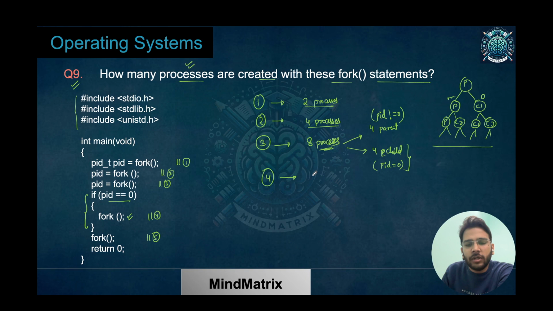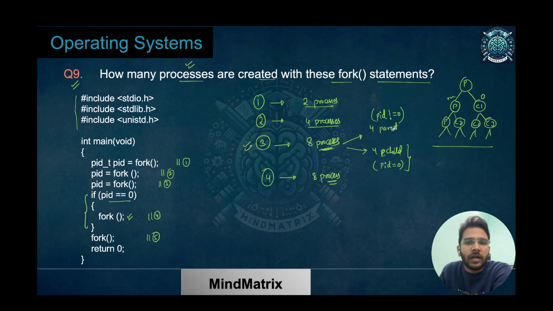So only for these 4 processes, the fork system call will be executed. So for 4, you are going to have another 8 processes. You can understand through a tree based approach also, but it's very simple. After the third fork system call, you have 8 processes.